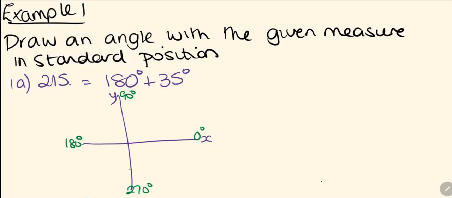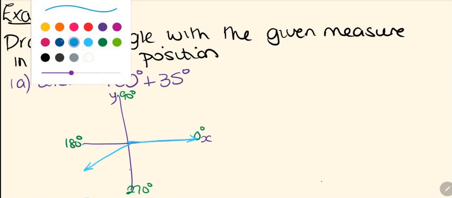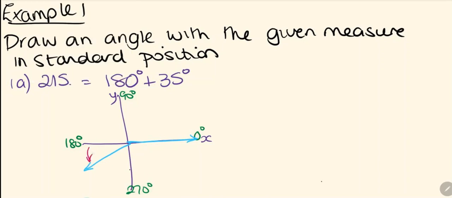Our angle is going to start from 0 and go all the way around to 180, and then an extra 35. So from here all the way around, it's going to be 215 degrees. And it's counterclockwise.